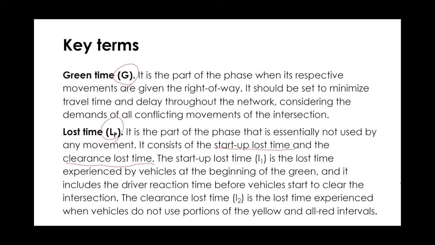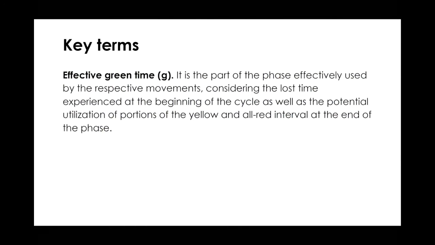The startup lost time, usually called L1, is the lost time experienced by vehicles at the beginning of the green, and the clearance lost time, or LC or L2, is the lost time experienced at the end of the green time when vehicles do not use some portions of the yellow and all red intervals.